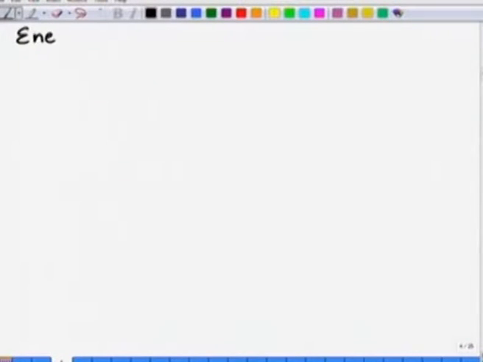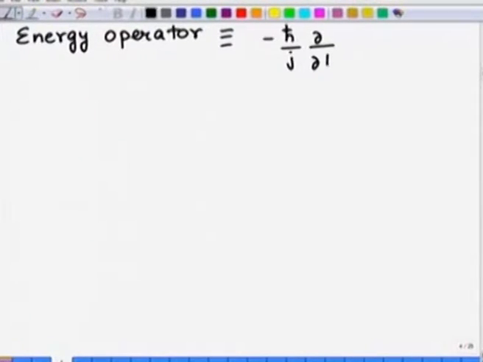In order to do so, let us see what the energy operator is. Let us go to the next page. Let us look at the energy operator. Recall, this operator was simply minus h bar by j del by del t.